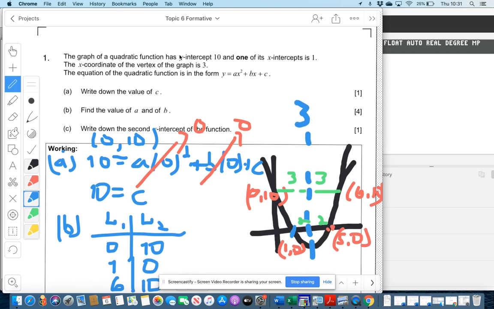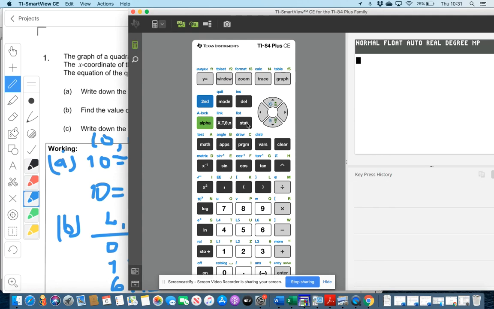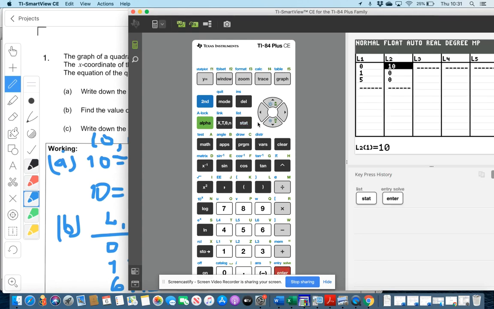Okay, so switch over to our TI-84 here, put those points in, edit. In L1, I put 0, 10, 1, 0, and for the third point, let's put in 6, 10.